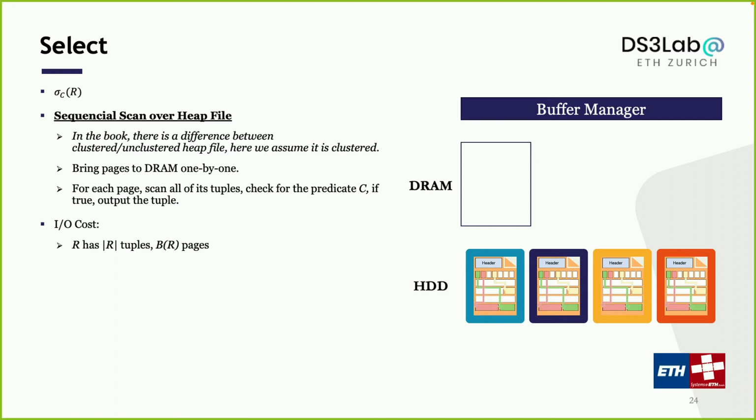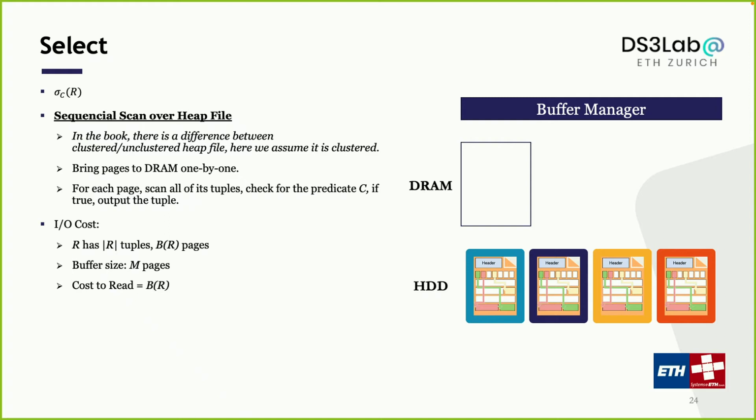And we are going to count I/O in pages, because every single time I read something, I read a page. Okay, so assuming I have a buffer with M pages, what is the cost of executing this relational algebra operator using this sequential scan type of implementation?